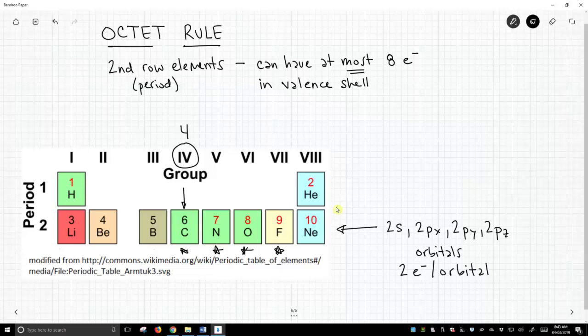Well, if you have 4 orbitals, 1, 2, 3, 4, 2 electrons per orbital, that leads to a maximum number of electrons in the valence as 8 electrons max in the valence. And we're talking specifically about second row elements, so we're talking about shell 2.